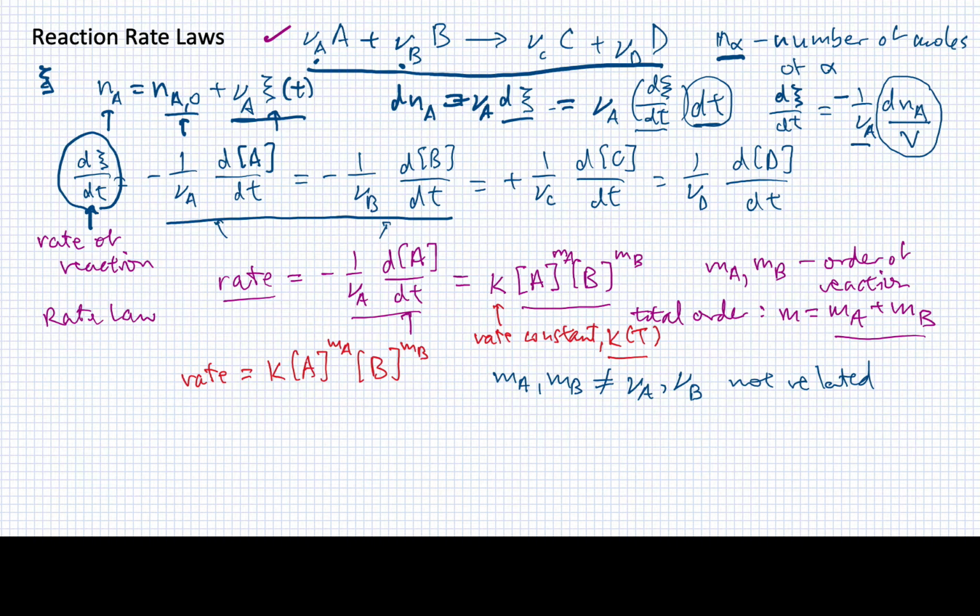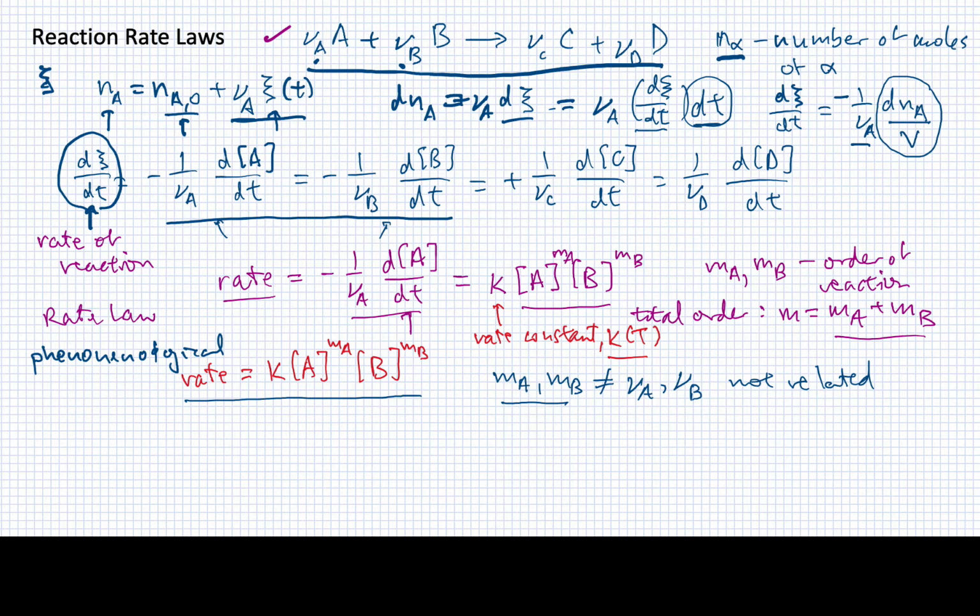In fact, it turns out that in order to find the values of these exponents, we actually have to do some experiments and do some analysis of the data to determine what those exponents are. So we can think of this rate law as a phenomenological rate law. It is simply describing for us the general behavior of the rate as a function of these concentrations.